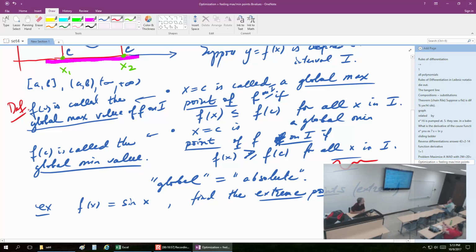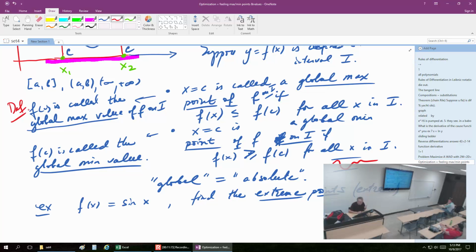You have to compare f of c with infinitely many other values. That's pretty hard to physically carry out. So there's always the possibility that there is no such thing.